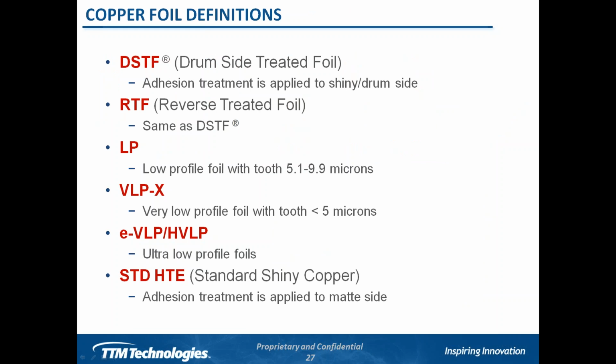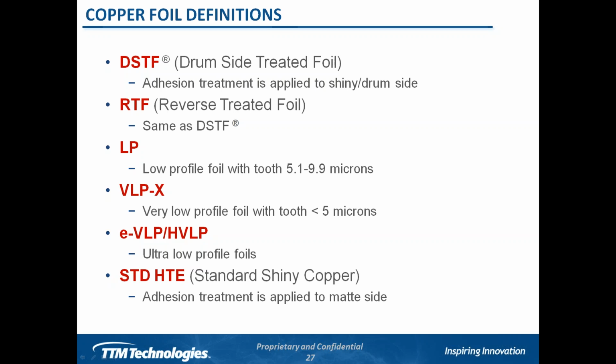So typical DSTF foil, which stands for drum side treated foil, they're going to treat and apply that to the shiny side, and that is going to be the surface of what that core would be. So they're going to bond the matte side to the laminate material. For reverse treated foil, very similar.